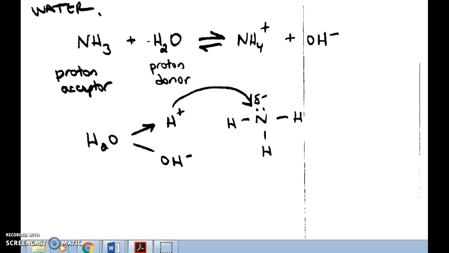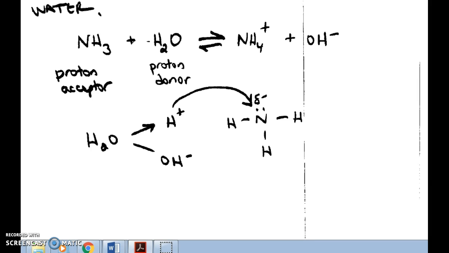So the water, we know, auto-ionizes, splits up to a small extent into H plus and OH minus. And so when ammonia is in the aqueous solution with that water, the H plus of the water is very attracted to the negative end of the ammonia molecule and kind of rides piggyback on that.